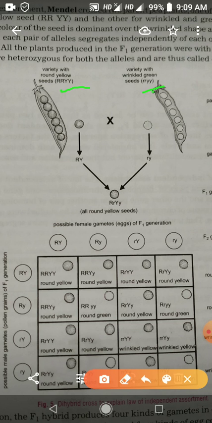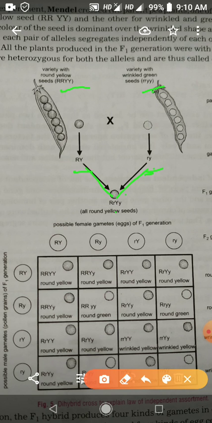When they produce the gametes, in the gametes of round yellow the genes are round and yellow. In the gametes of wrinkled green, genes are wrinkled and green. When they produce the progeny in F1 generation, then there is round yellow.